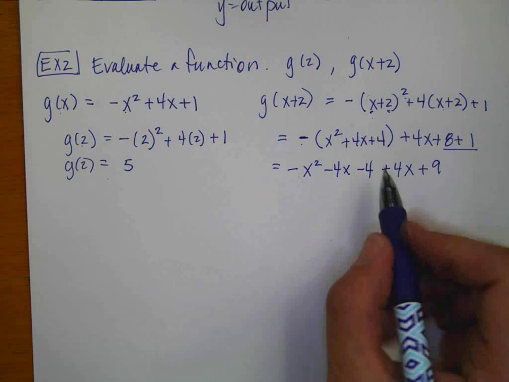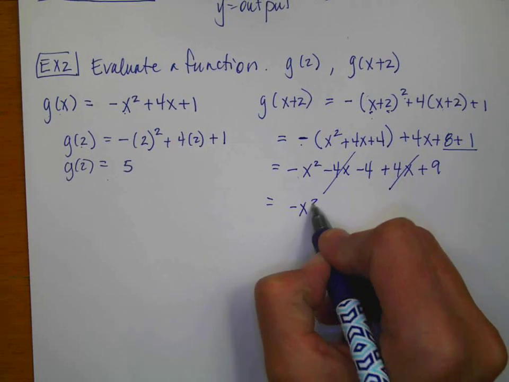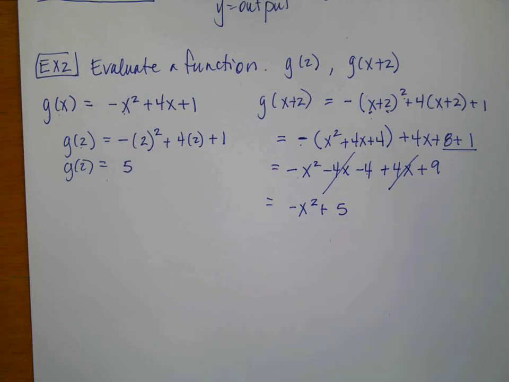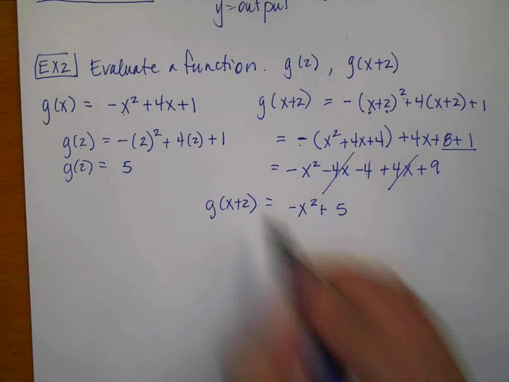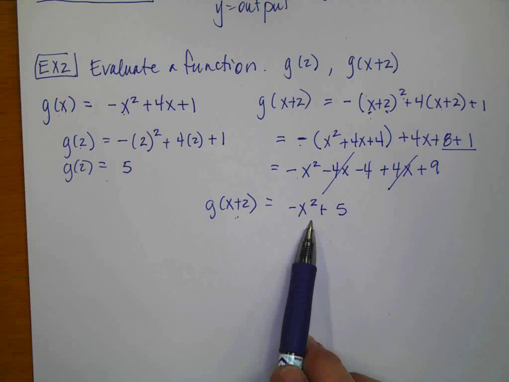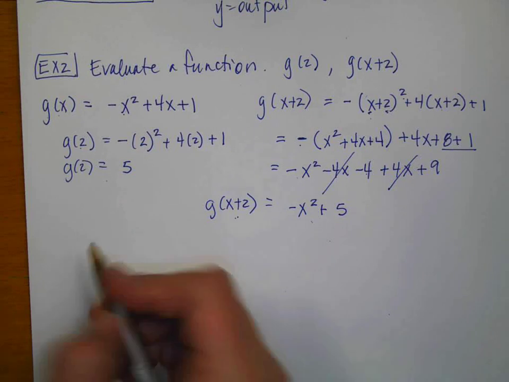I combine those two, and now I'm going to combine like terms. These two cancel, so I'm going to get a negative x squared, and negative 4 and 9 is a positive 5. And I would report g of x plus 2 equals that. And notice this is what I did, and this is the solution at the end of my work.